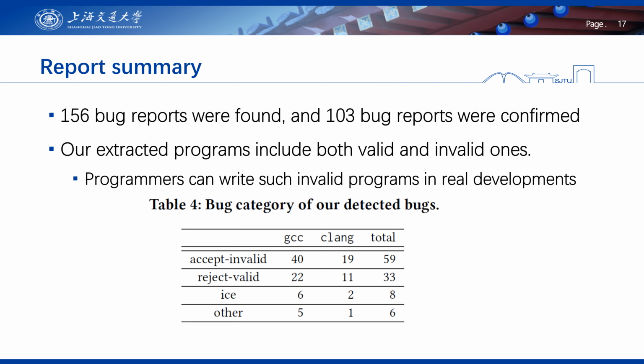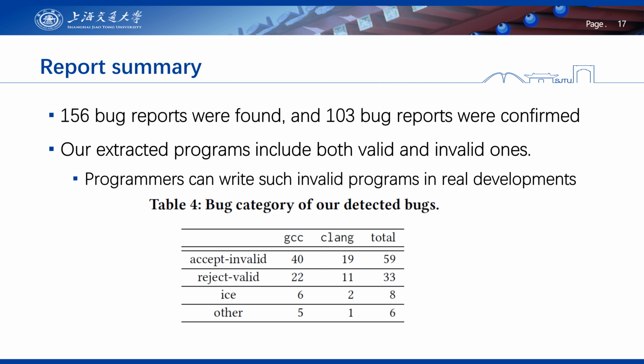In total, we found 156 bugs. Among them, 103 are confirmed. Most of our found bugs are accept-invalid bugs. That is, our reported programs are invalid, but these compilers compile them without any warnings.